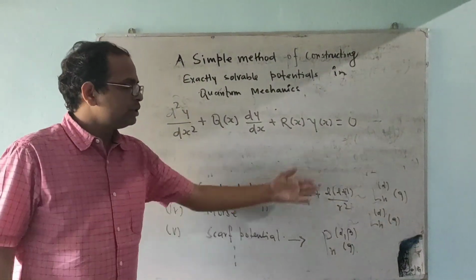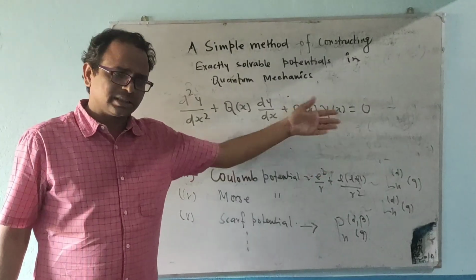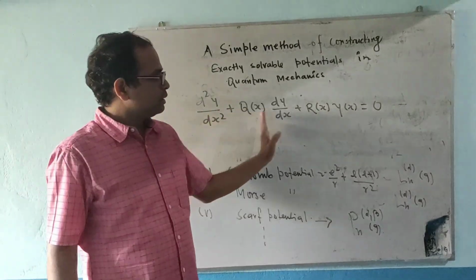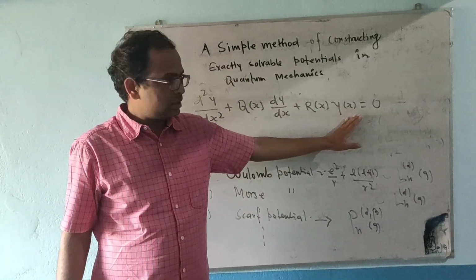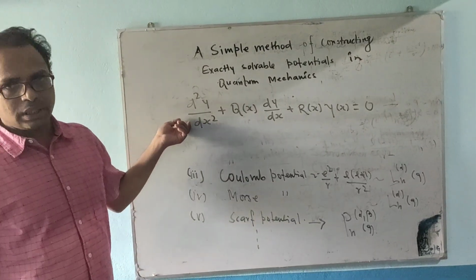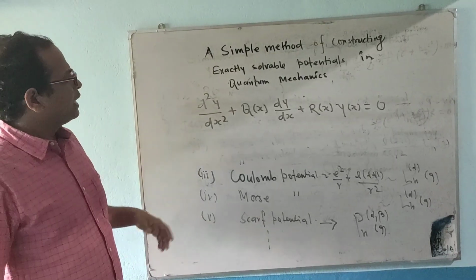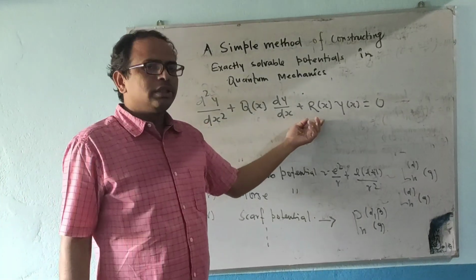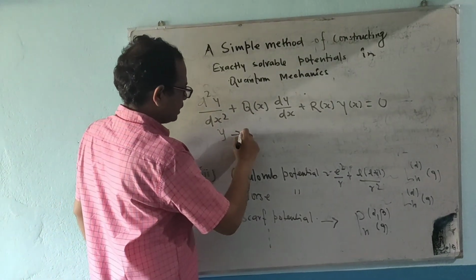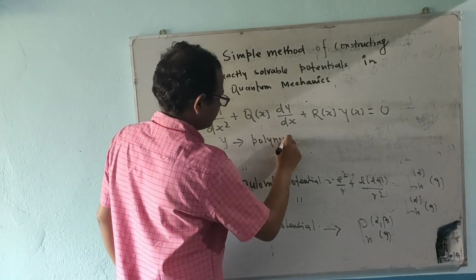So for any of these polynomials, either Hermite, Laguerre, Jacobi, Bessel's, etc., all these polynomials satisfy this type of second order differential equation. And if you solve these differential equations by different methods like power series method, etc., the solution of this differential equation gives y in the form of an orthogonal polynomial.